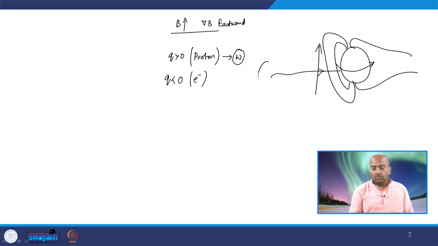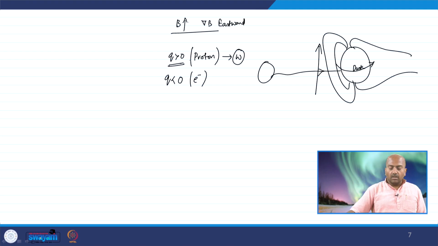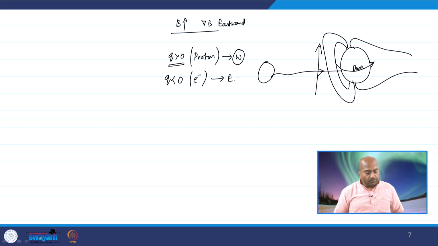The reference here is the Sun, so the side behind the drawing becomes the dawn, and this side becomes the dusk. Applying the thumb rule, you can figure out very easily how the protons will move westwards and the electrons will move eastwards.